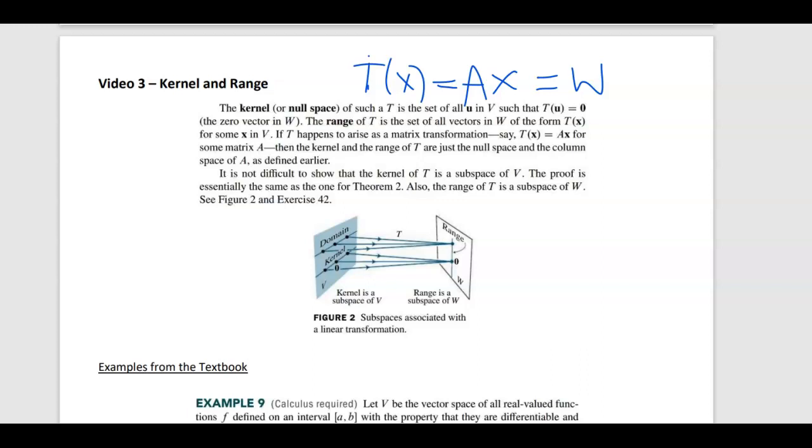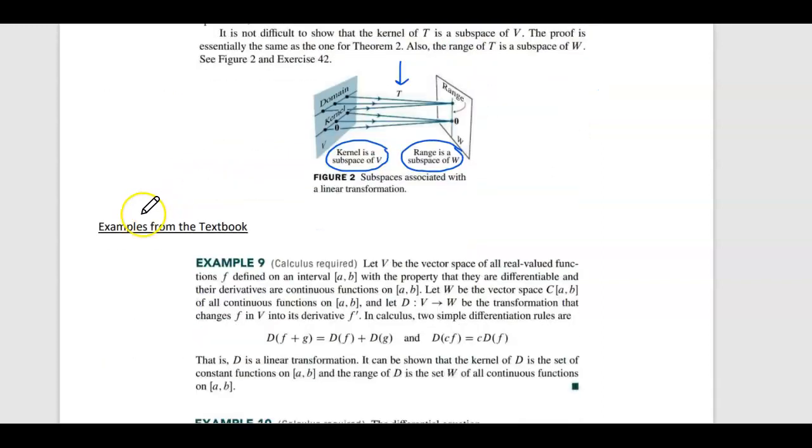Now, it's important to realize that the kernel is going to be a subspace of V, and then you do your transformation here, and your range is going to be a subspace of W. Range being our outputs, okay, and so the linear combination of those outputs is a subspace of your W space. So here are just some examples from the textbook.